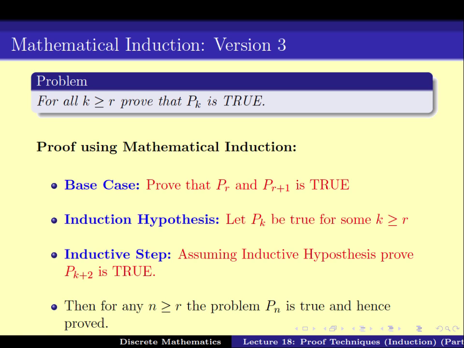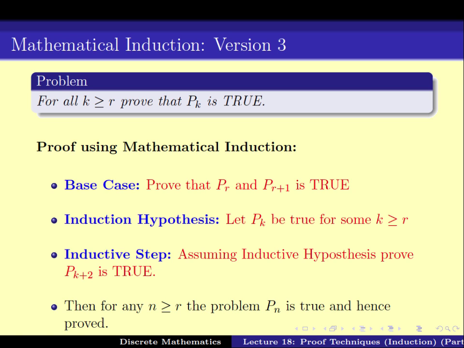Now, one thing to remember here is that we have already seen versions 1, 2 and 3; particularly versions 2 and 3 solve the same problem for all k greater than or equal to r. Now, which version to use? Which version to use of course depends on the problem.